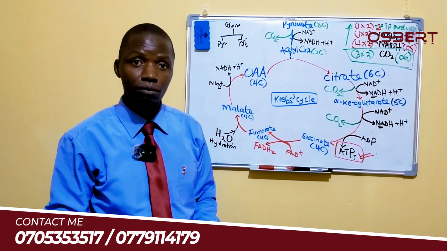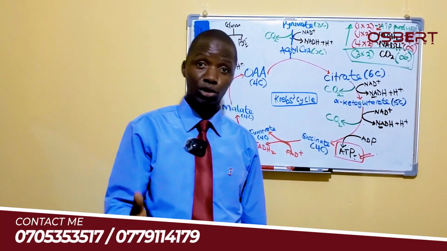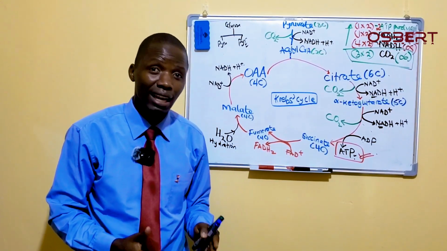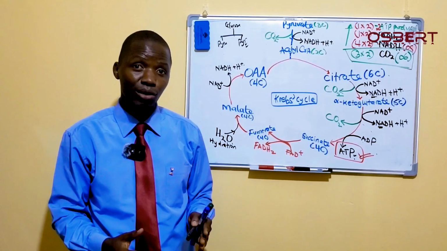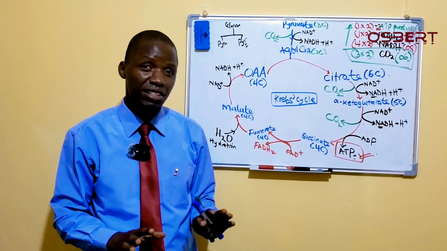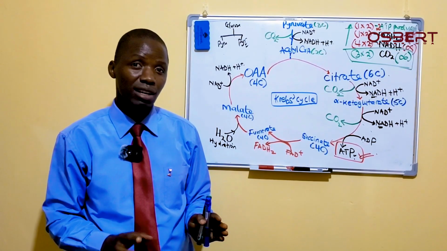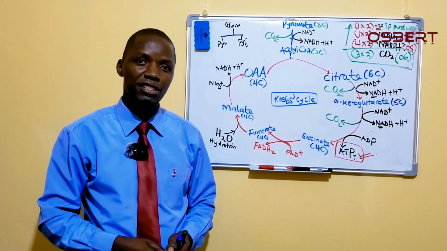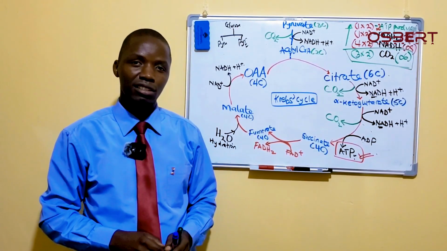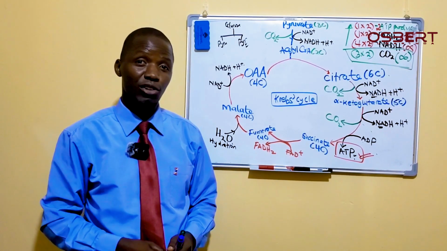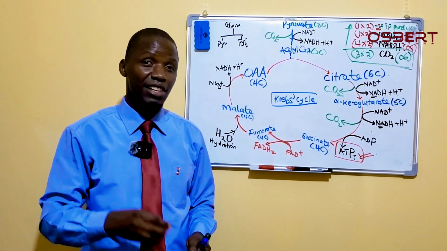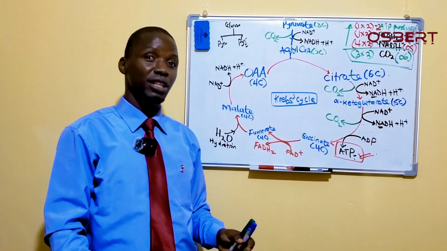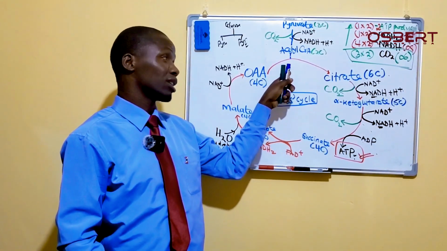However, there is something I talked about previously, when I was talking about the link reaction: how other foods that we eat, for example proteins and lipids, apart from carbohydrates, are able to give us energy. I told you that we shall repeat this after I've talked about the Krebs cycle.